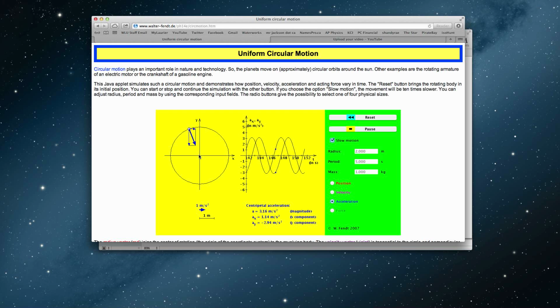Which is a little bit surprising, because does some acceleration pointed towards the center of the circle give us the velocity that we saw here? Well, we're going to do a little bit of math in a moment that's going to show us that, in fact, it exactly does.